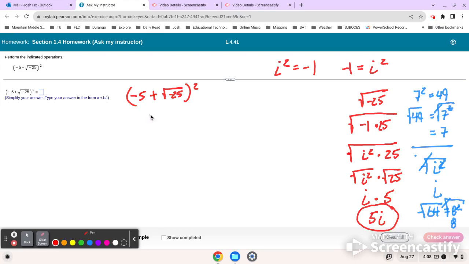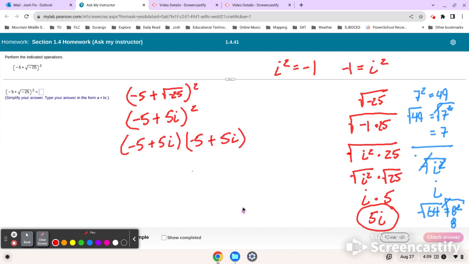So we come back up here, and what we really have is -5 plus 5i, quantity squared. Remember, what they're looking for us to do is put this into the format a plus bi. To do that, I've got to use the distributive property and actually multiply -5 plus 5i and square it.